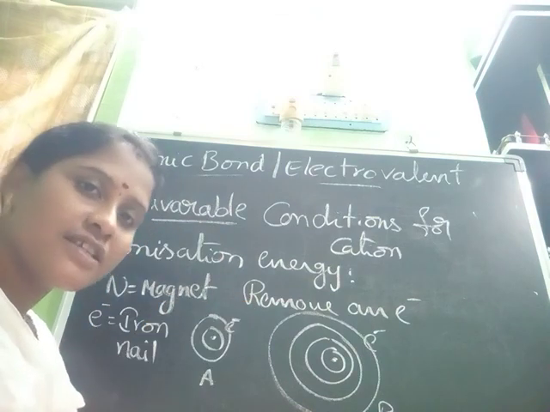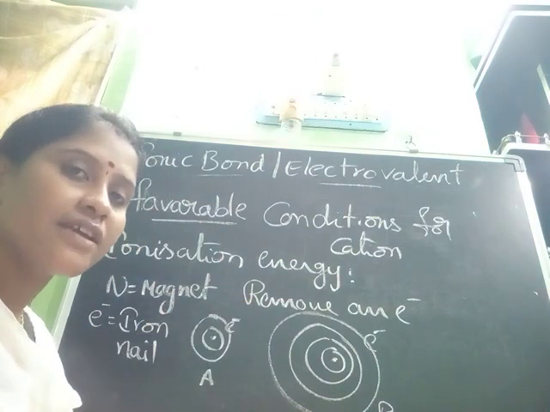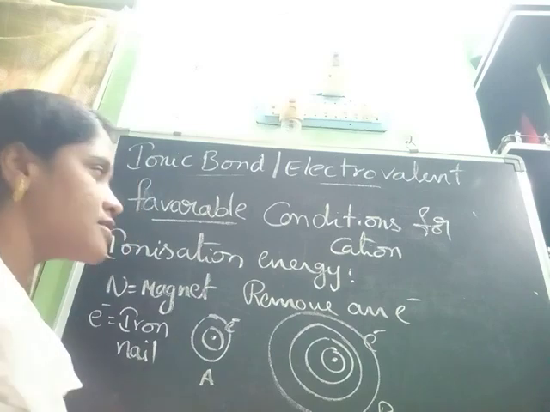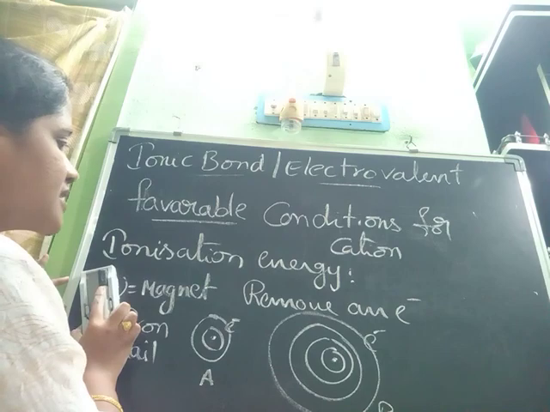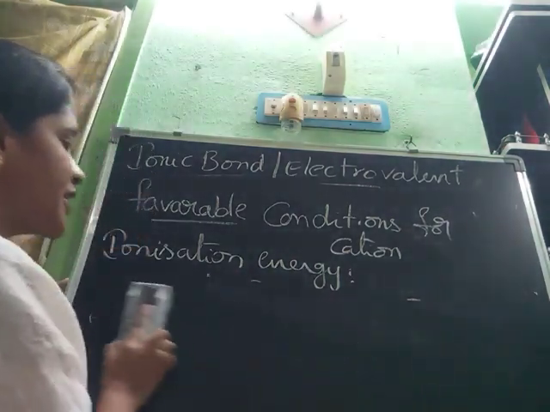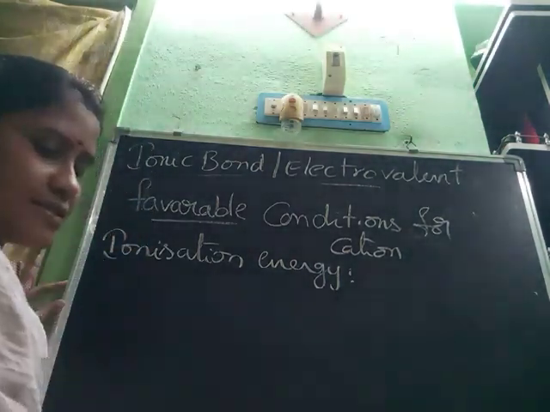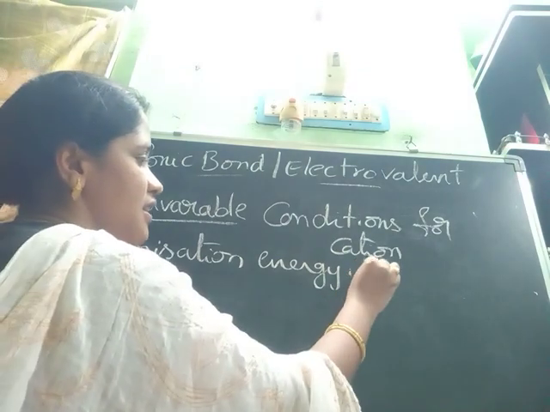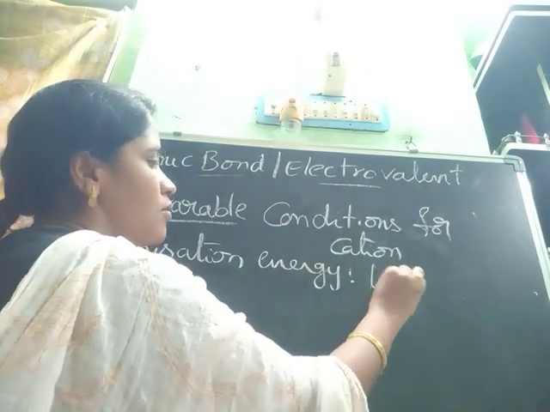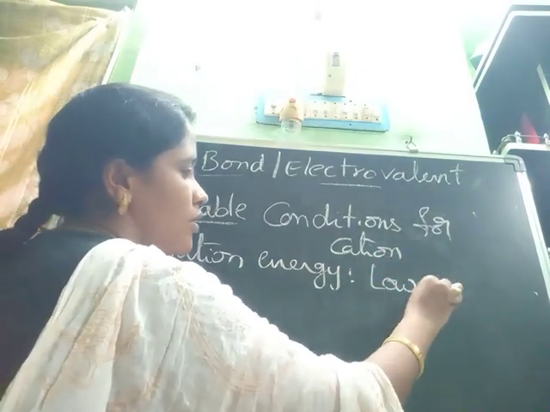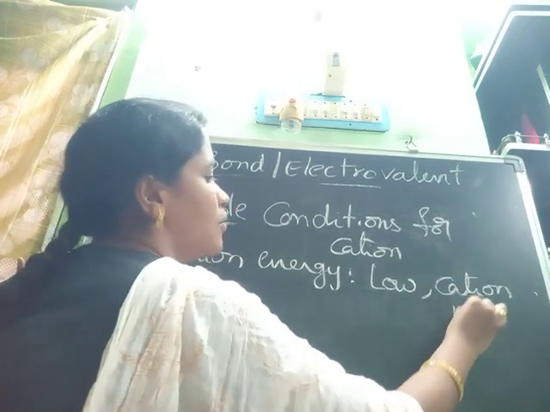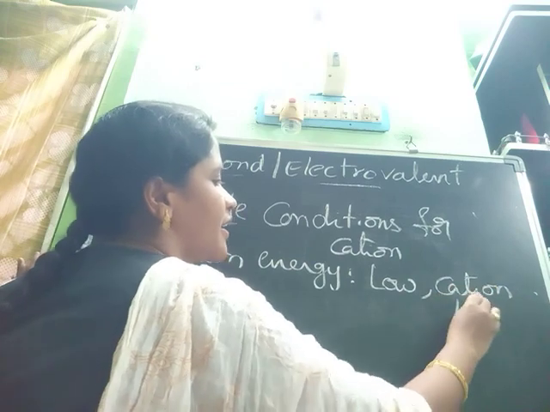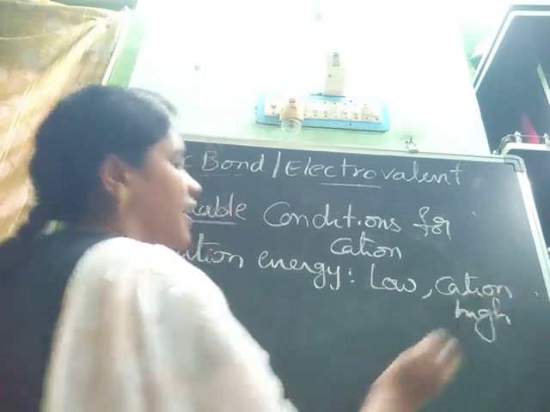If the ionization energy decreases, it has more cationic property. So the favorable condition for the formation of a cation is low ionization energy; if ionization energy is low, the cation property will be high.